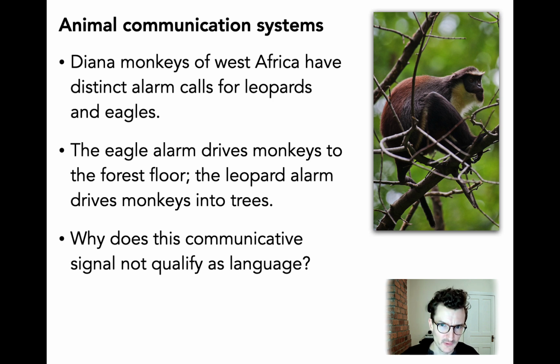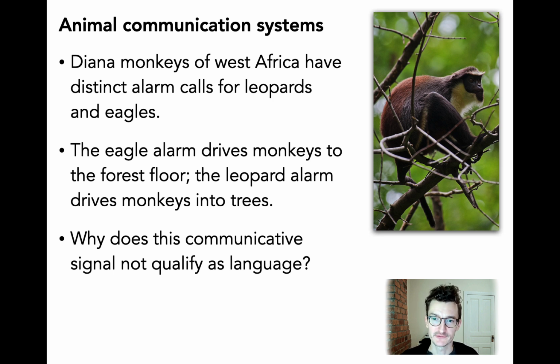So there doesn't seem to be any sort of rule that they have for combining new sounds to refer to new things in their world. It's also unclear whether, if a Diana monkey hears the eagle alarm call, that actually brings to mind the idea of an eagle.